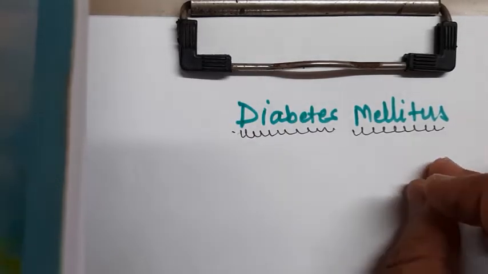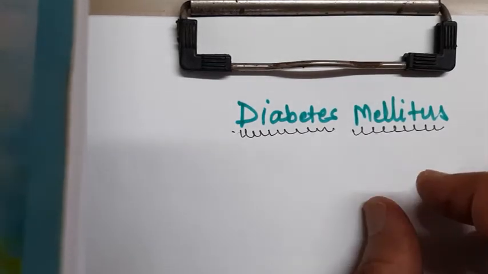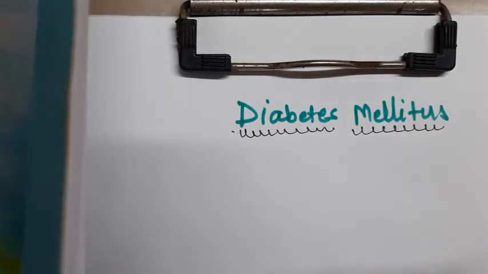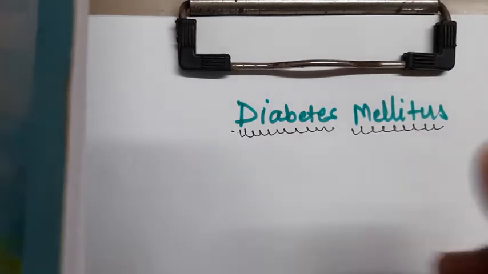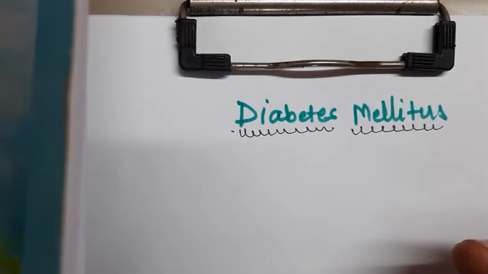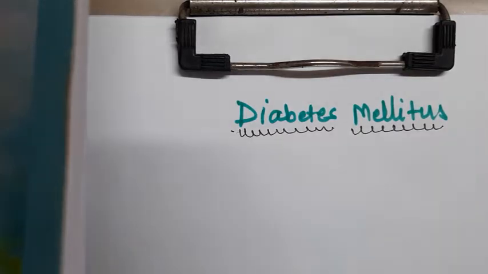So we have studied in detail the clinical signs and the causes of diabetes mellitus. Then we started with the diagnostic tests for the determination of blood sugar level. For the determination of blood sugar level, we have enzymatic methods, isn't it? Like the glucose oxidase peroxidase method, then the hexokinase method, and the glucose dehydrogenase method.